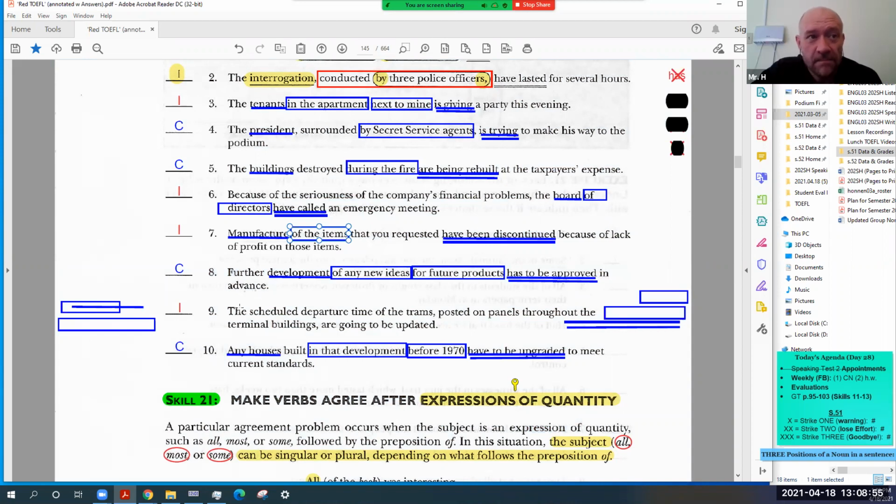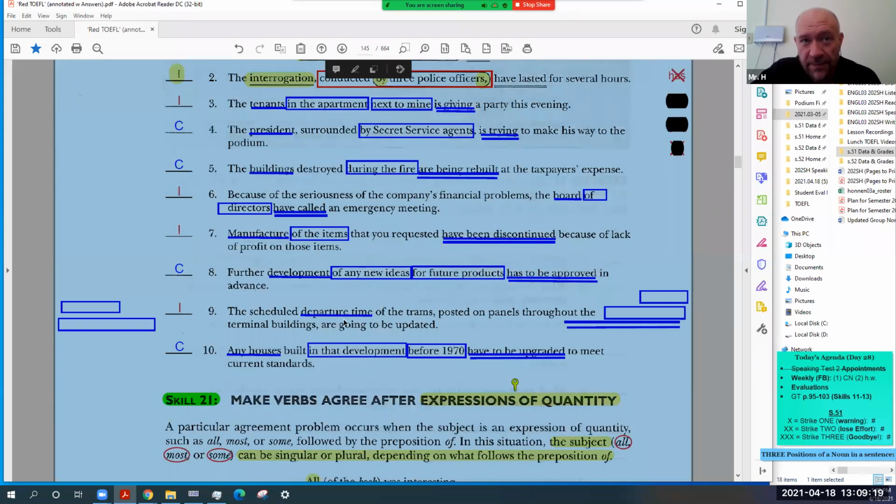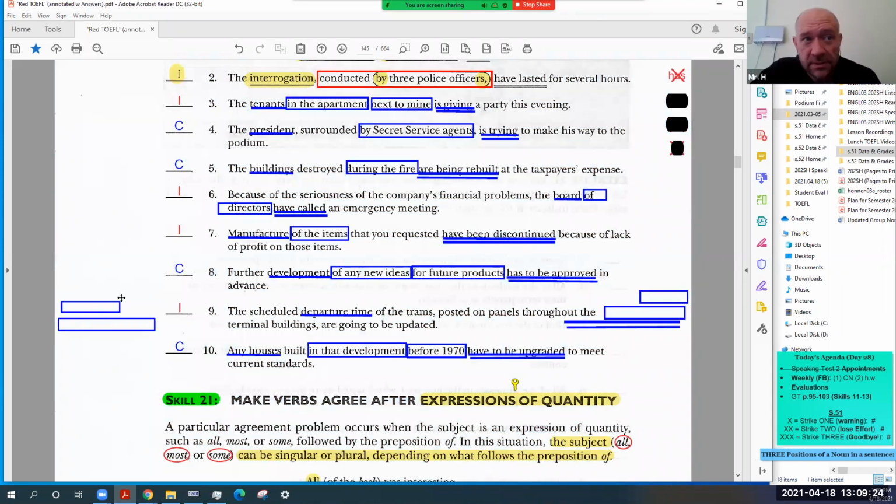Number 9. Ali, can you find the subject in number 9? The scheduled departure time of the trams. The subject is the departure time. Now, what about of the trams? What is that called? It's a prepositional phrase.